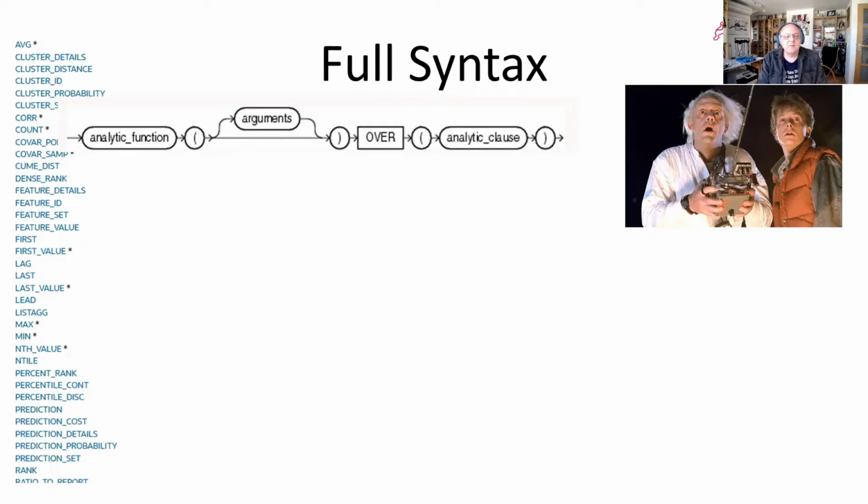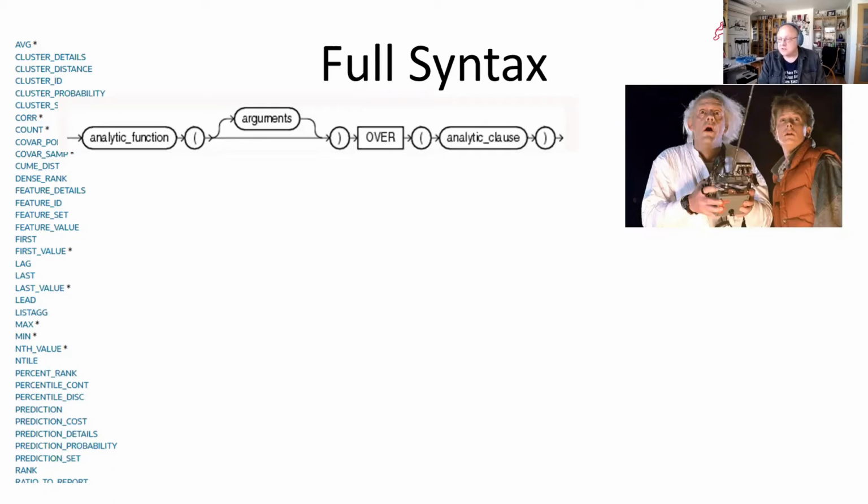After you have typed the analytic function, then between brackets you can enter some arguments. They are optional, but some analytic functions require arguments. Then you have the keyword over, and that is a giveaway that you are dealing with an analytic function. If there is an over clause, then it is an analytic function.